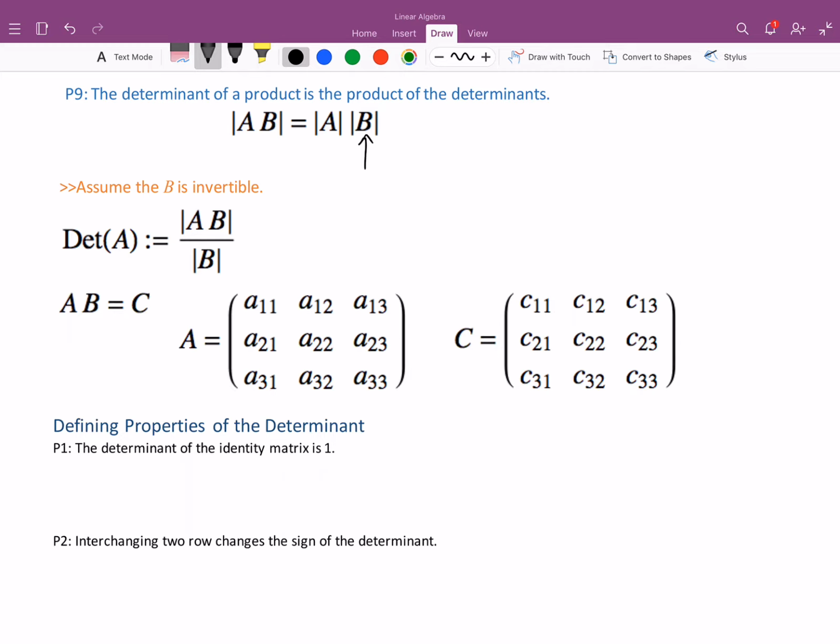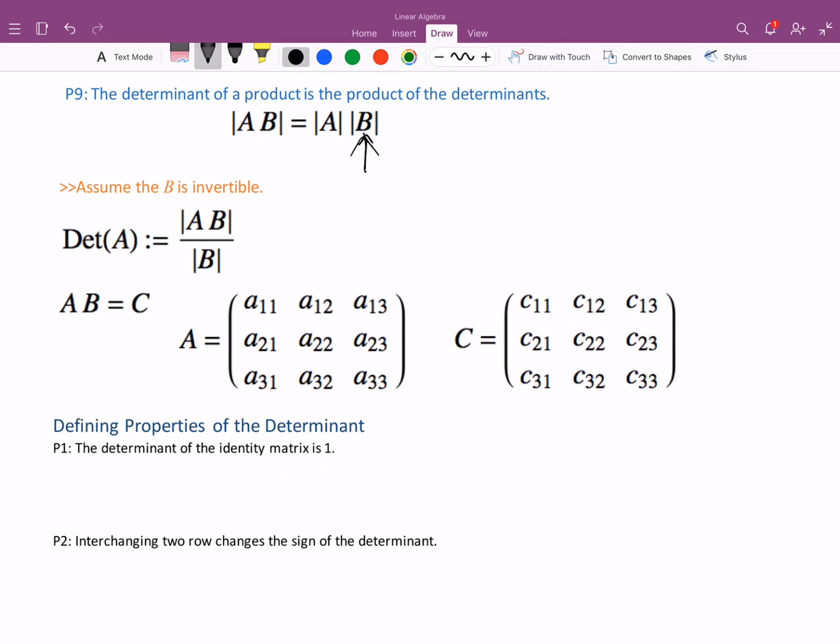Then the right side would be 0 because this determinant is 0, and AB being singular means its determinant is 0, so 0 equals 0. So think about that, but I'm going to focus on the case where B is invertible.